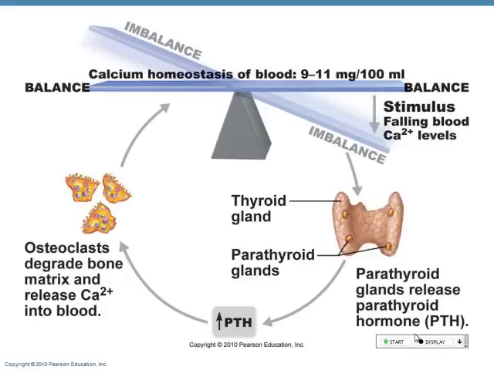Now I have to store it. Well, who needs a signal? Not osteoclasts. Who are the other cell players? Osteoblasts, to do what? Osteoblasts need to pull that excess calcium out of the circulatory system and create bone matrix.